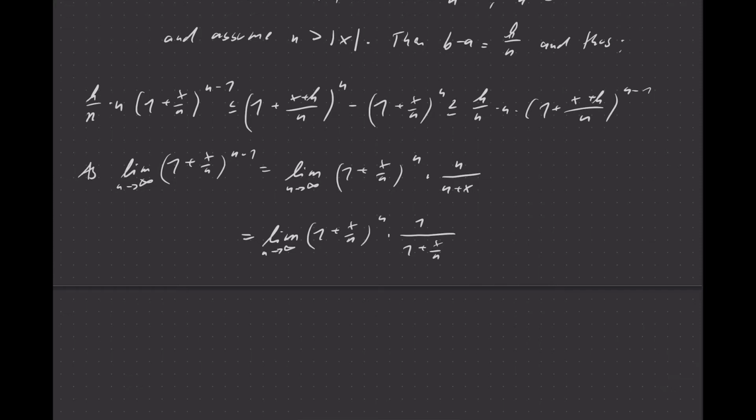Now x is fixed, and n tends to infinity, so if n tends to infinity, then this here tends to 0, and that means this whole expression here will tend to 1. And we already know what this is. This will tend to the exponential function at x. So the little change here does not really matter. Doesn't matter whether we have n or n minus 1. In the limit, it's still going to be the exponential function, e to the power of x, or exp of x.